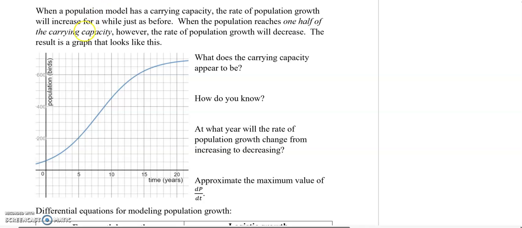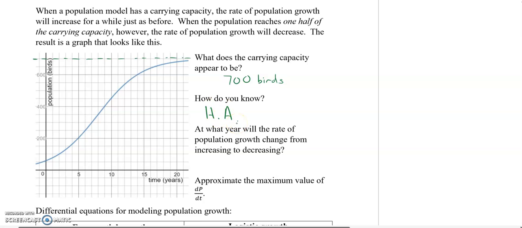And we can see that there might be this horizontal asymptote at a population of 700. Maybe it's not exactly 700, but sure, let's call it 700. So the carrying capacity appears to be 700 birds. And that means that our population cannot exceed 700 birds because the system can't accommodate more than 700 birds. Okay? So we know that because of the horizontal asymptote.